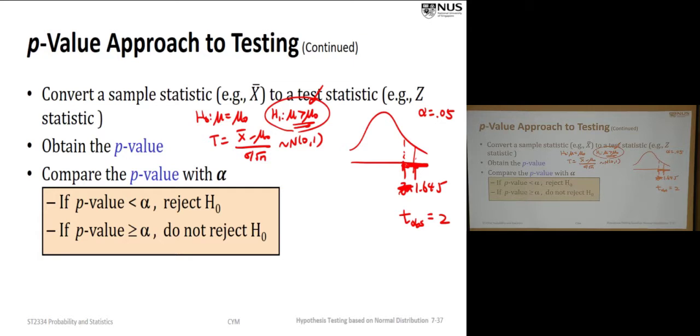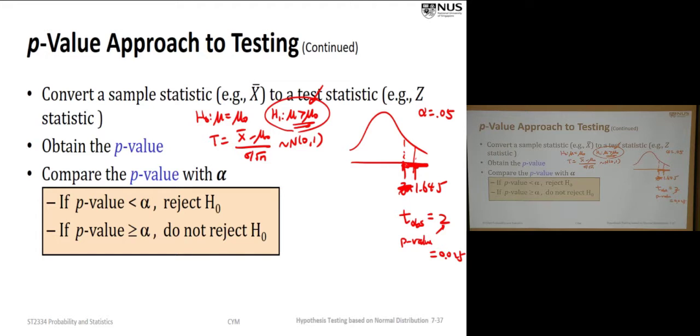If you observe about 2, then the p-value is about 0.025. All right, 0.025. So it's small compared with 5%, and my decision is to reject the null hypothesis.